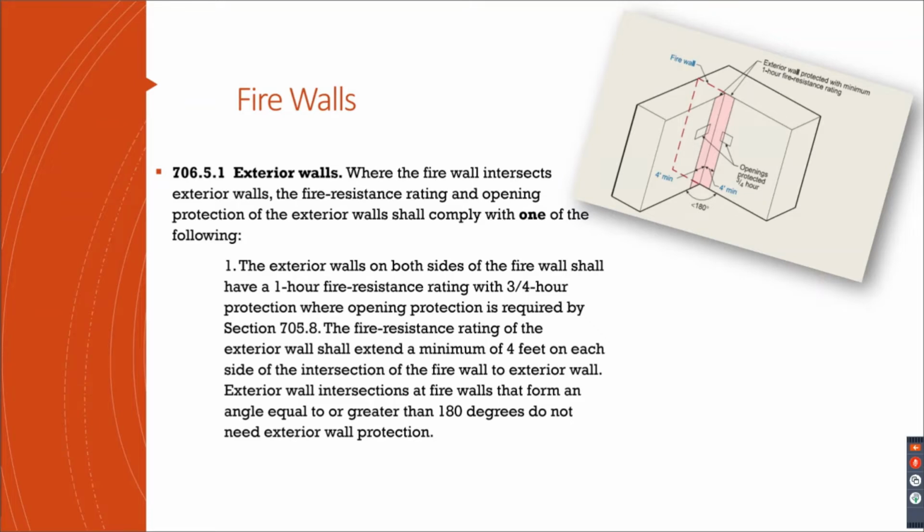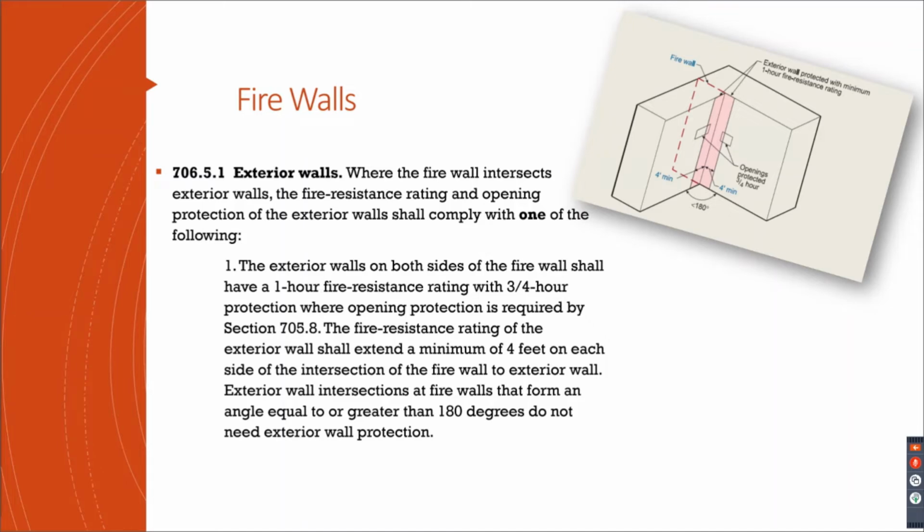The visual here for this one: the exterior walls on both sides of the firewall shall have a 1-hour fire resistance rating with 3/4 hour protection where opening protection is required. That's not the right code section.